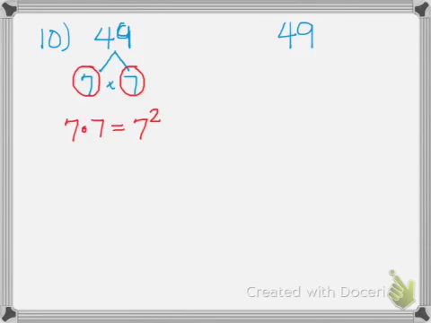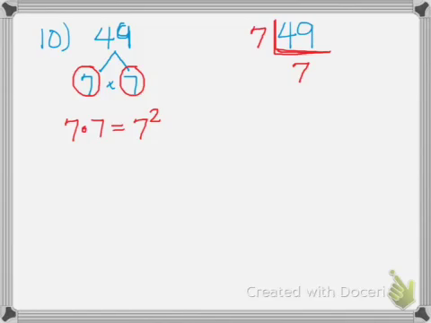Now the ladder method will give us the same answer, it's just done a little differently. So we start out with 49 and we draw a little corner here, and the number that I'm going to write to the left has to be prime. So here I know that I can multiply 7 times 7, and I'm done.